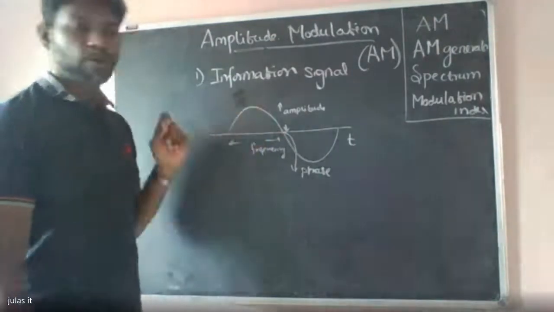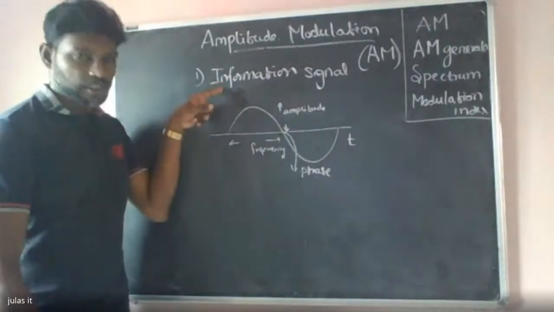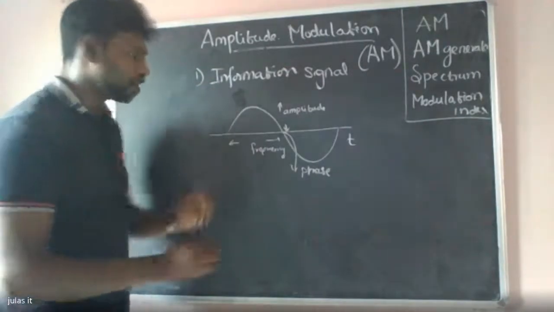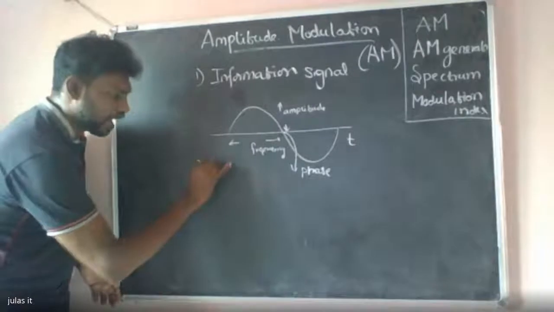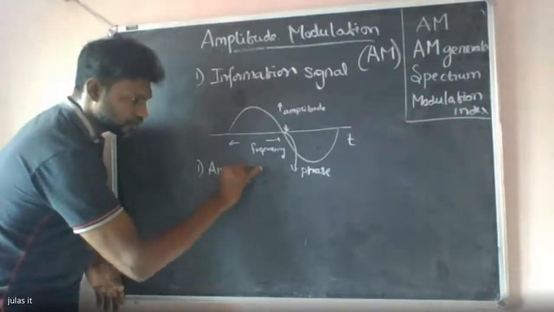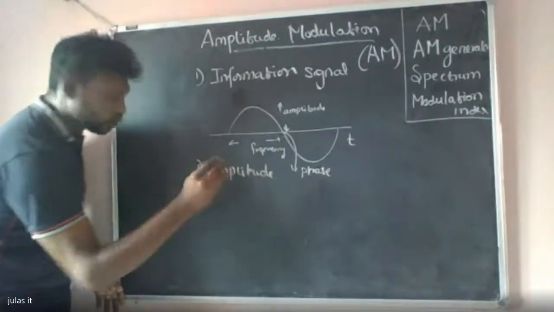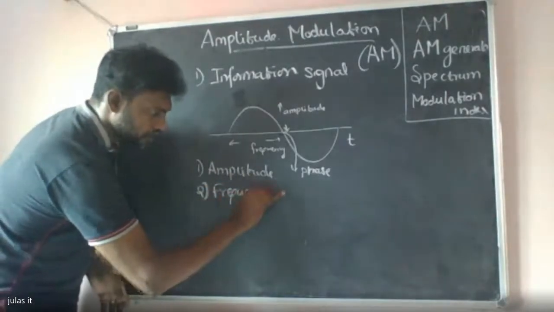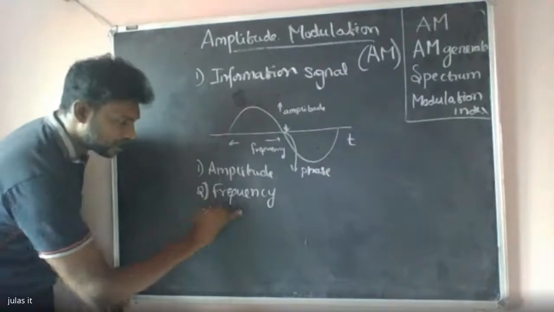Okay, so for an information signal, normally when you say a signal, it has three components. What are the components? One, it has an amplitude. Two, it has a frequency. Three, it has a phase.